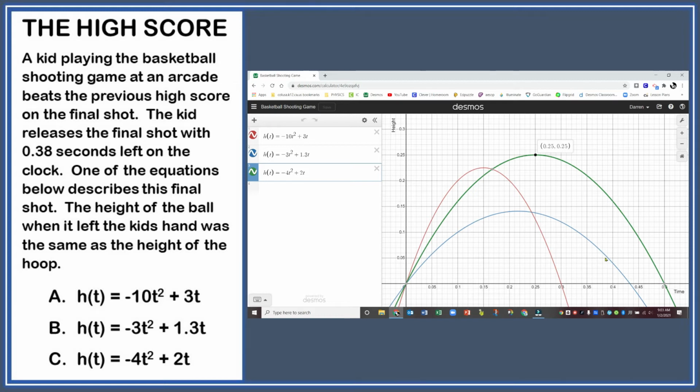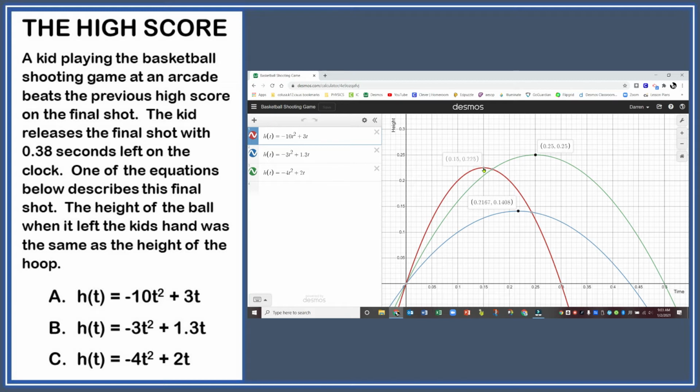Now if I go to the blue parabola, I can click anywhere on that blue parabola. And again, the key characteristics will show up, the x-intercepts, the point of intersection, but here's the maximum height. And I click on that gray dot and the maximum height is 0.1408 feet. And then I click on the red parabola and the key characteristics appear on the graph as gray dots.